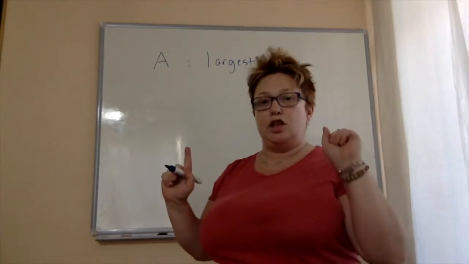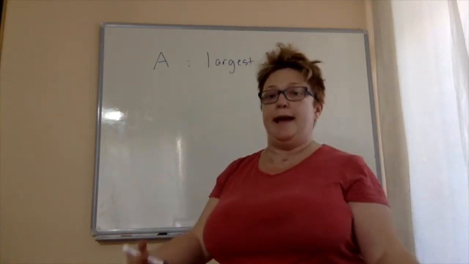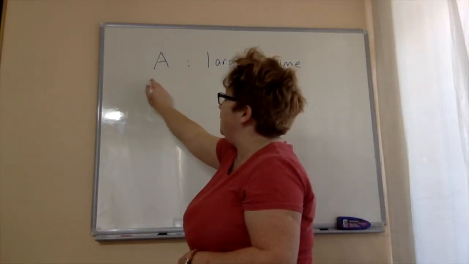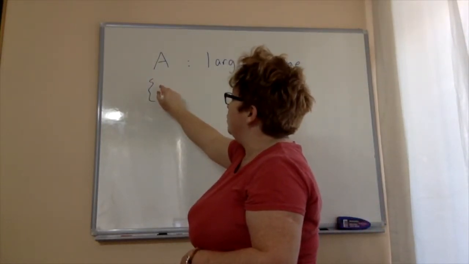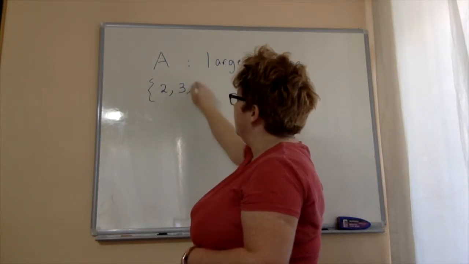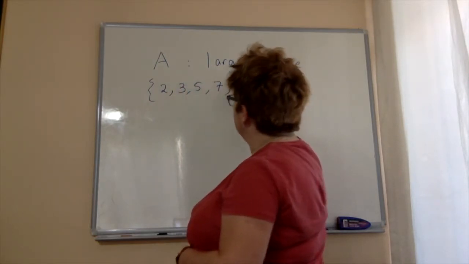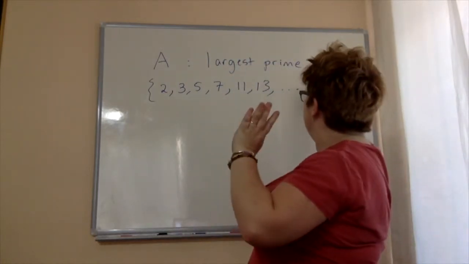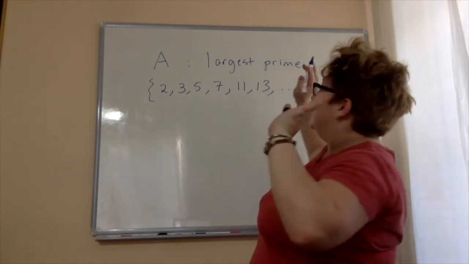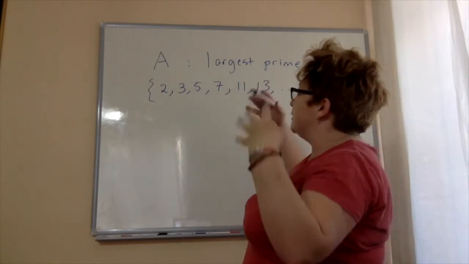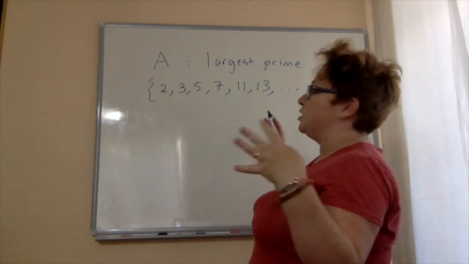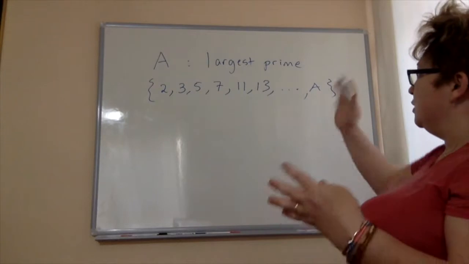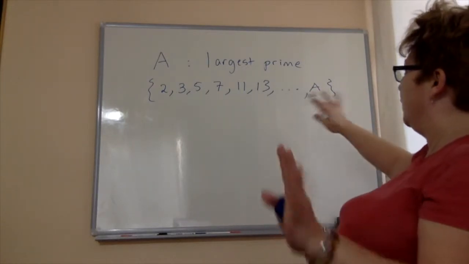So I can say there's a largest prime, and I can call it A. So, with that in mind, I can make the set of prime numbers composed of 2, 3, 5, 7, 11, 13, all the way up until A, according to my assumption. A was my largest prime. Okay, so this is now my set of primes: 2, 3, 5, 7, 11, 13, all the way up till A.